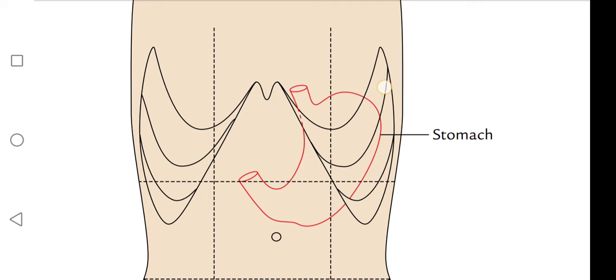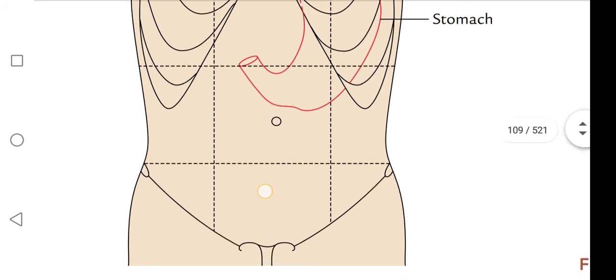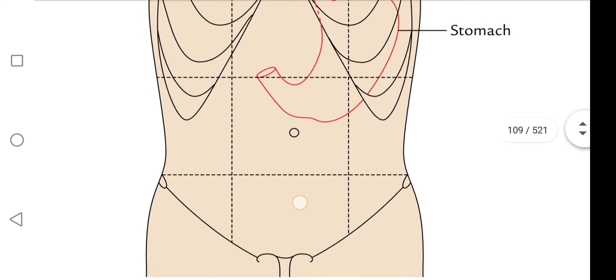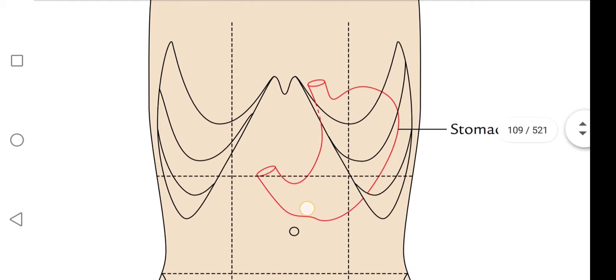This is the left hypochondriac region. This is the right hypochondriac region. First see the regions. This is the umbilical region and this is the epigastric region, and this is the hypogastric region. These are the lumbar regions. These are the regions.